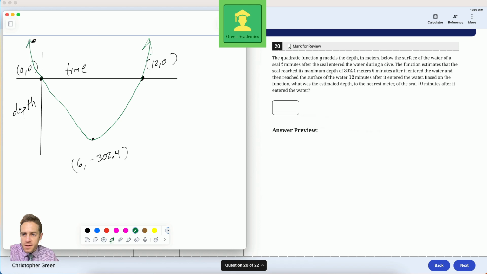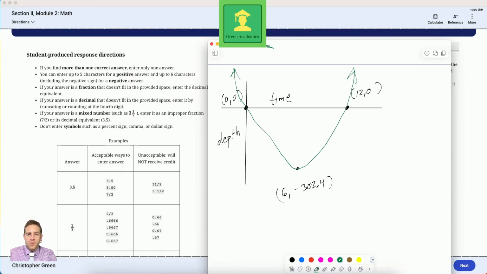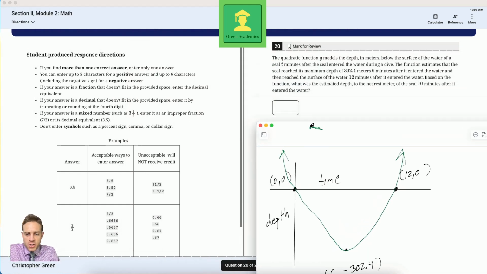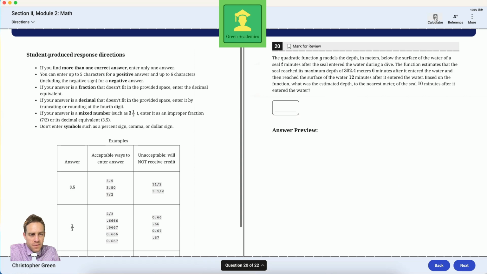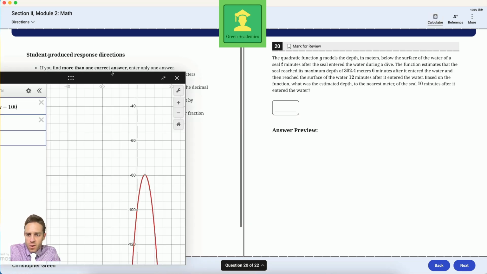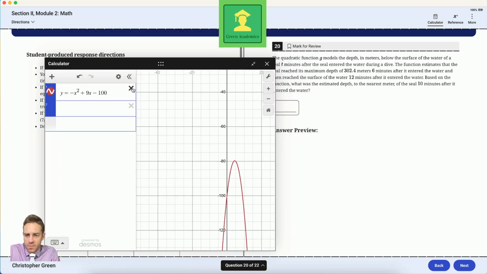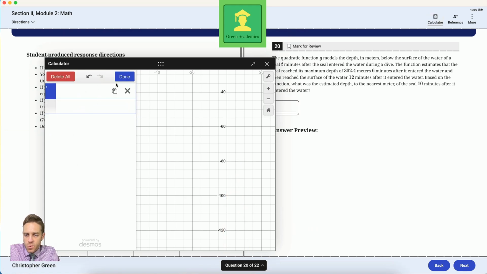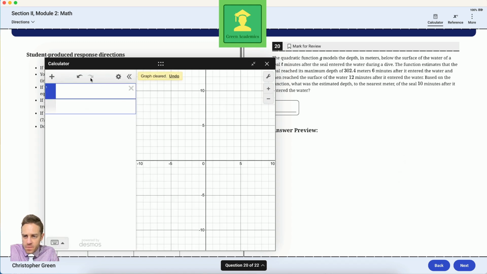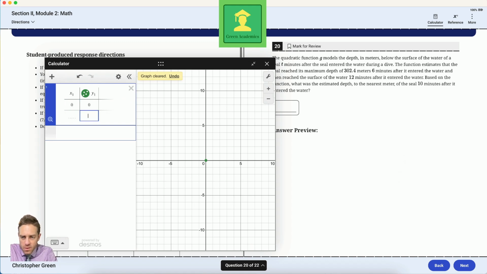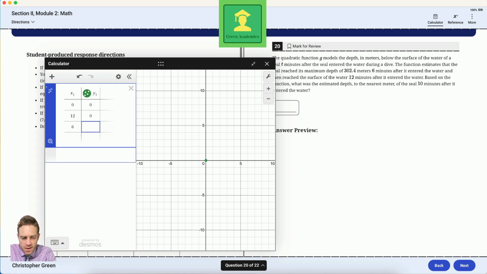Now, you can actually get Desmos to do the quadratic regression for you, which is probably what I would recommend in this case. So let me move this over here and show you how you could get Desmos to cooperate. On Desmos, I can put in a table and do quadratic regression. I can put in 0, 0, 12, 0, and 6, negative 302.4.